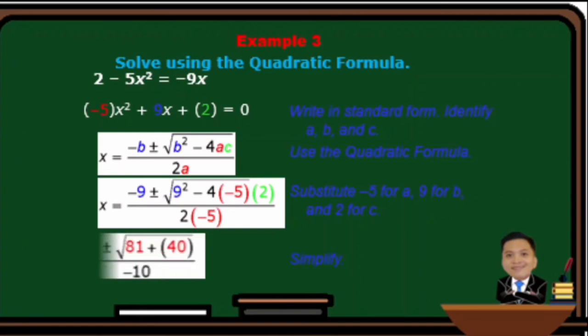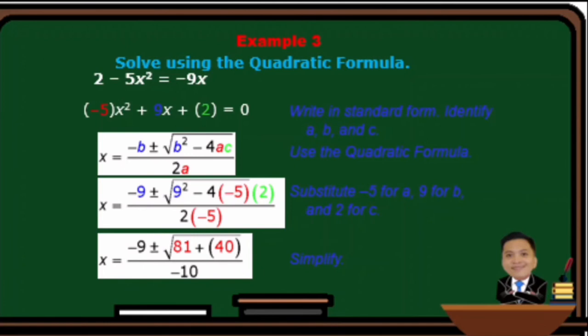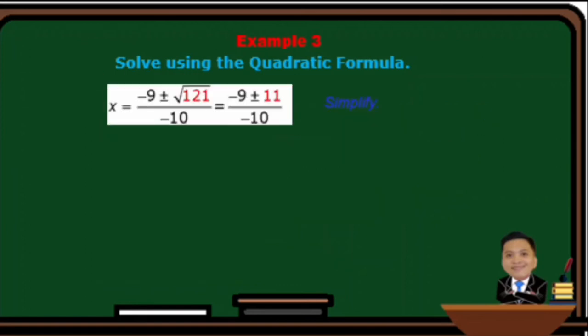Simplify it, and we will get x is equal to negative 9 plus or minus square root of 81 plus 40 all over negative 10. Simplify it further, we will get x is equal to negative 9 plus or minus 11 over negative 10.